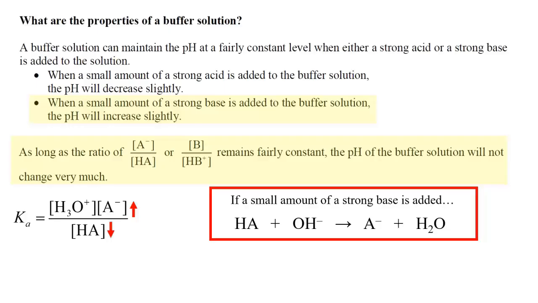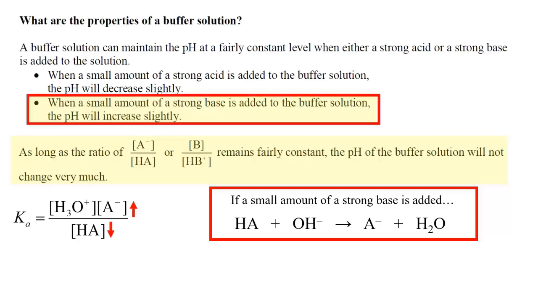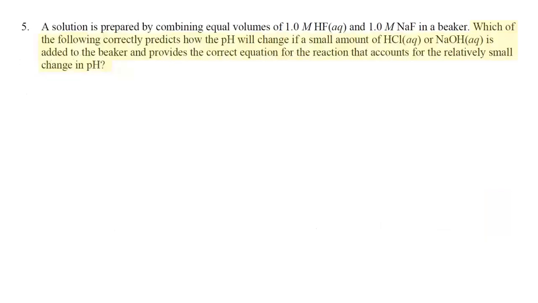Again, that ratio of the concentration of A minus and HA would change, but only slightly. And if a small amount of a strong base is added to a buffer, the pH will increase, but only slightly.